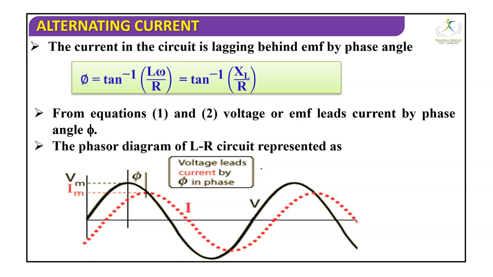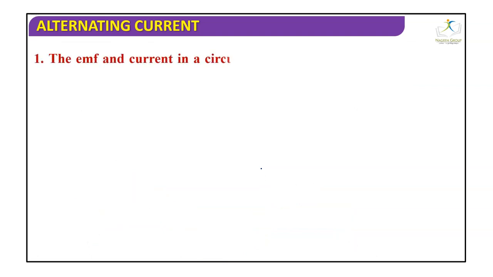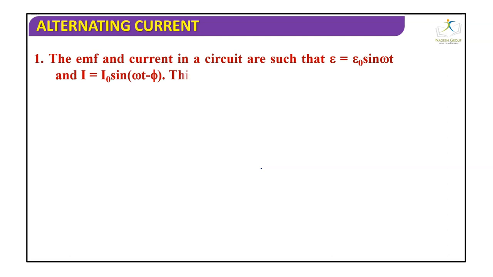Here, as we can see, the voltage is leading, or we can say that the current is lagging. Now there is a question for more understanding, to check how much you have studied earlier.